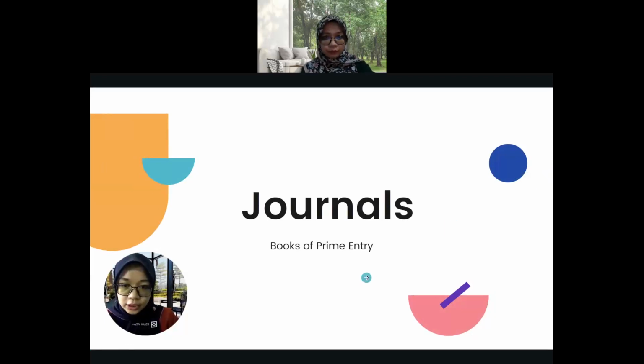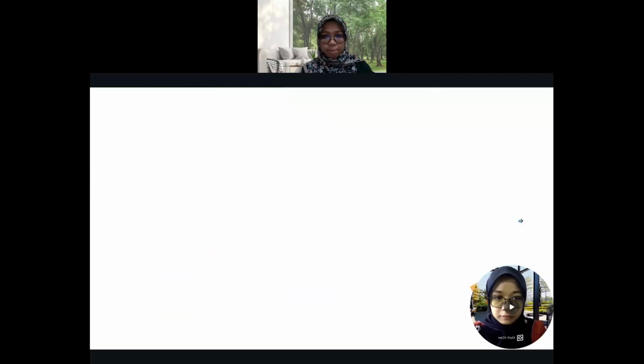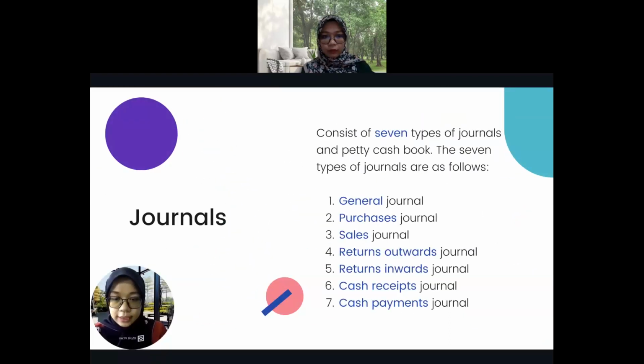So the first section is journal, also known as the book of prime entry. After completing this topic, you should be able to explain the function of each of the journal or entry. As mentioned in the introduction part, journal consists of 7 types of journal and a petty cash book.